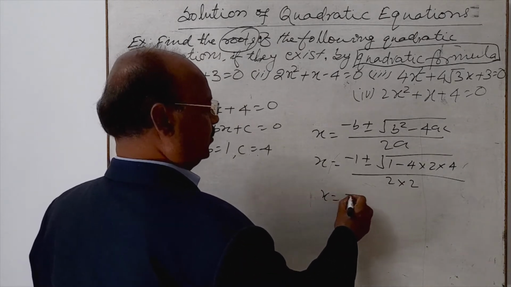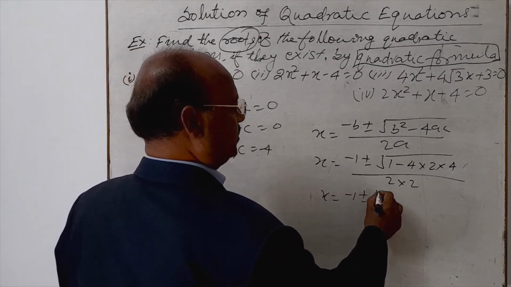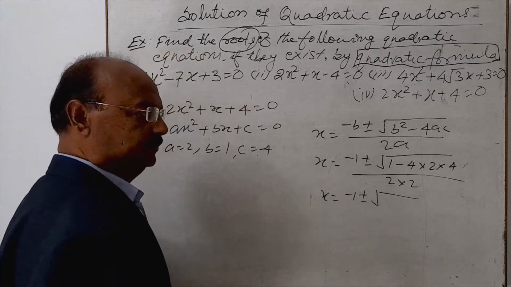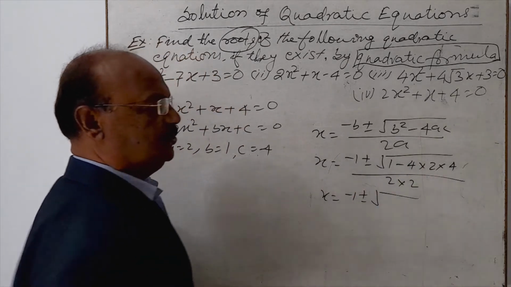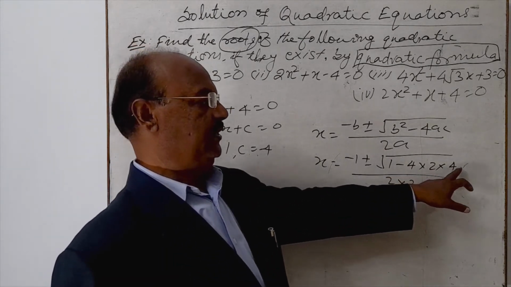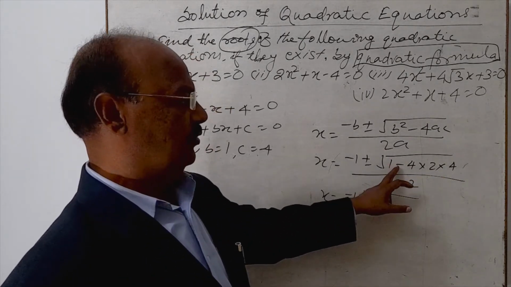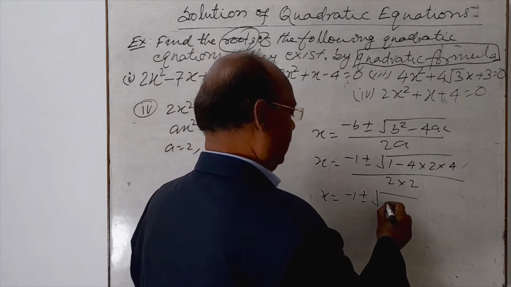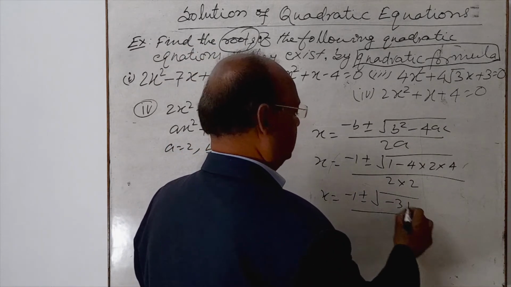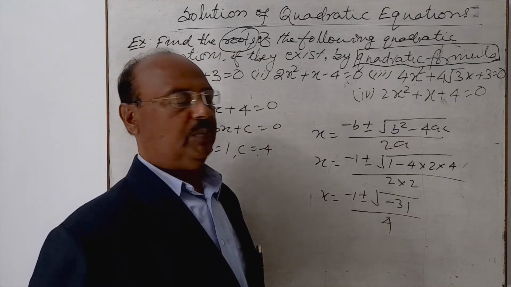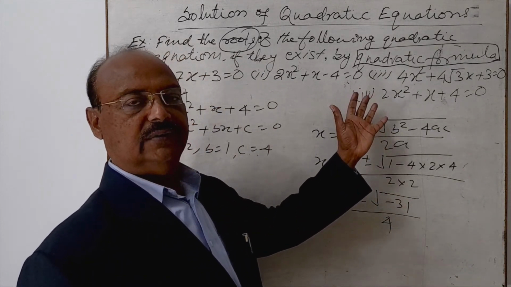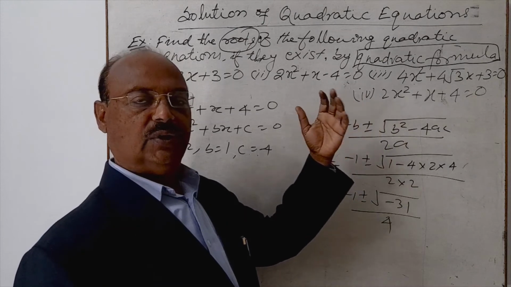So x is equal to minus 1 plus minus root over 1 minus, this is 32. 4 into 2 into 4, that is 32, and 1 minus 32 is minus 31. You see, this is a very interesting case here. Why interesting? Because this question will not have solution, will not have roots.